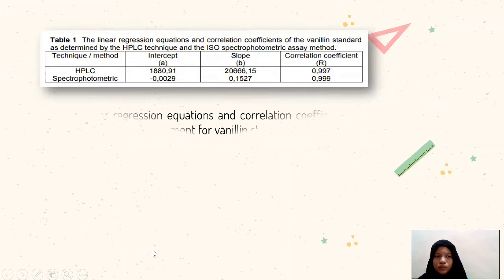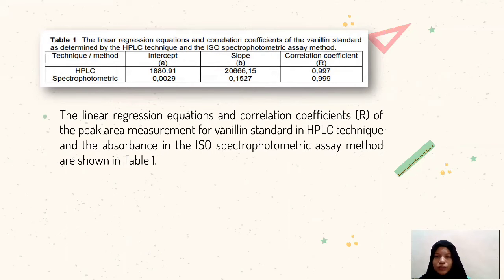From the tables, we know the linear regression equations and the correlation coefficients of the peak area measurements for vanillin standard in HPLC techniques, and the absorbance in the UV spectrophotometric assay methods.